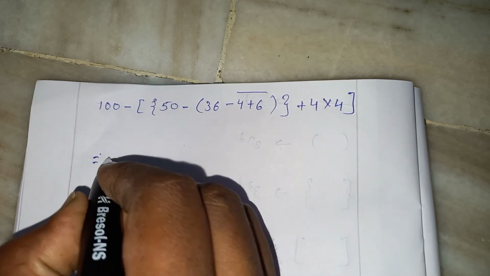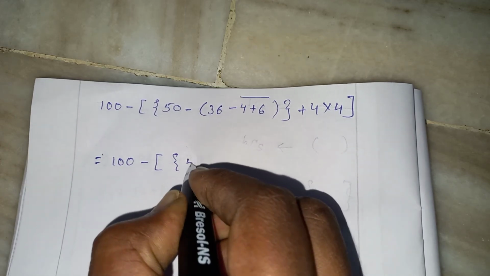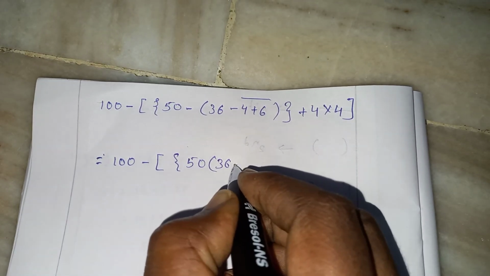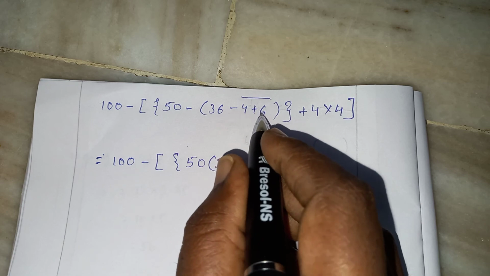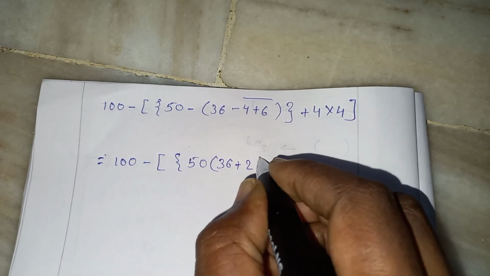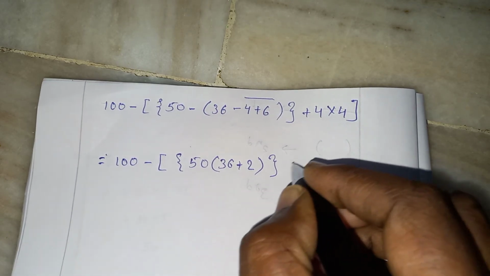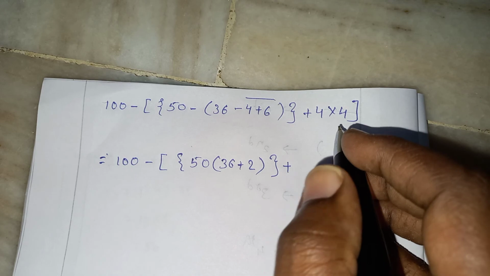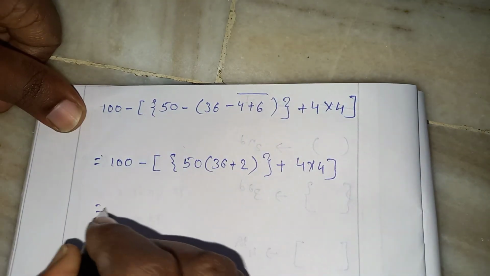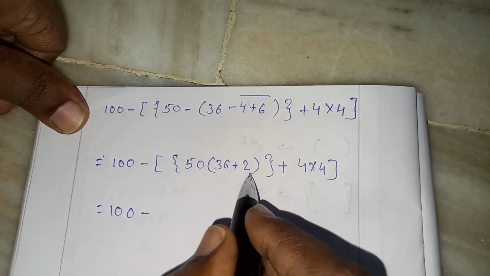That we have to do. 100 minus 50 minus 36, 6 minus 4. It will be 2. I am removing the line here because that calculation is over. Plus 4 into 4. Next, 100 minus.